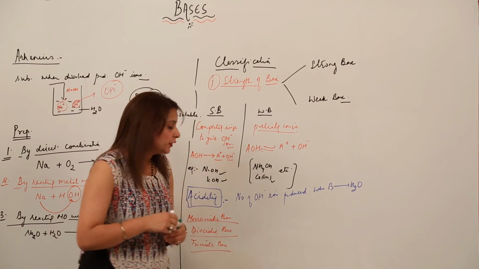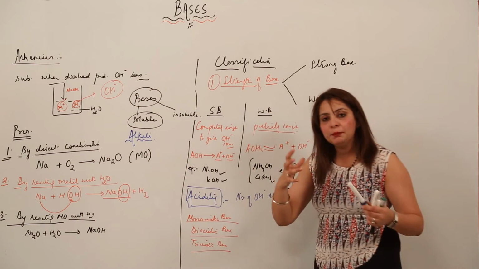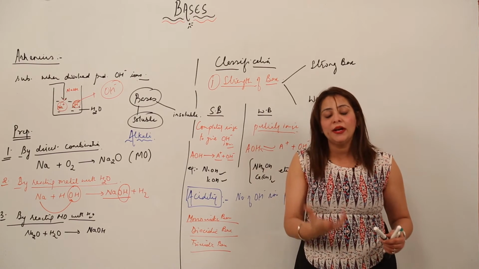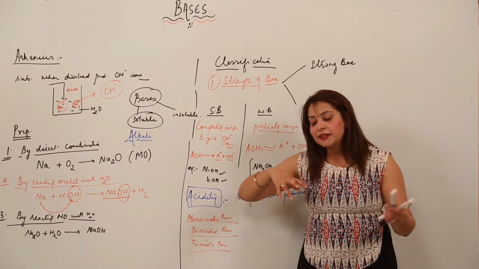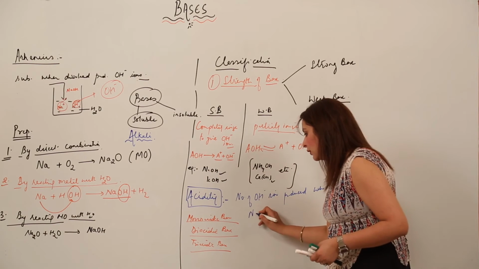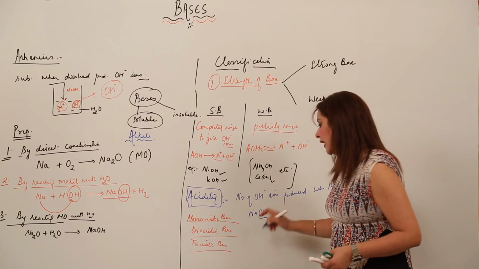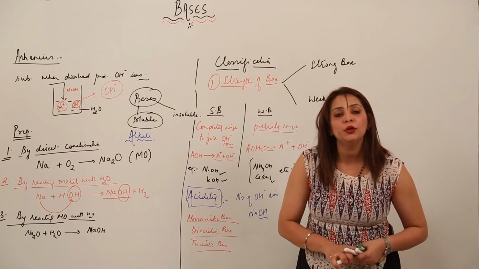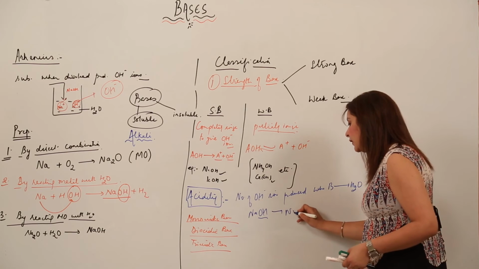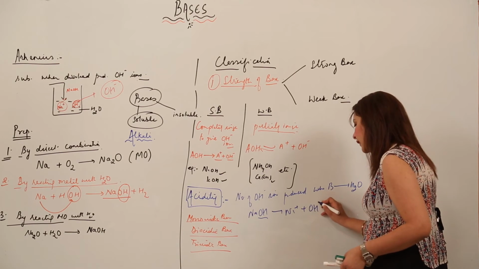Do you have any example in mind in which the base carries only one hydroxide ion and that gets dissociated to produce it? Obviously, it is NaOH. In NaOH, one sodium hydroxide molecule carries only one hydroxide ion, so when it gets dissociated, it will produce one hydroxide ion.